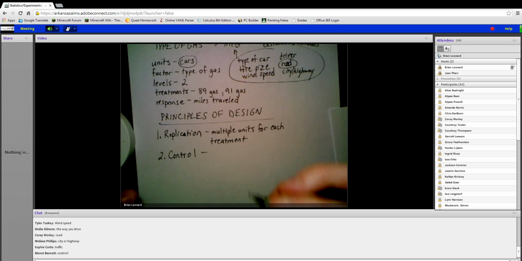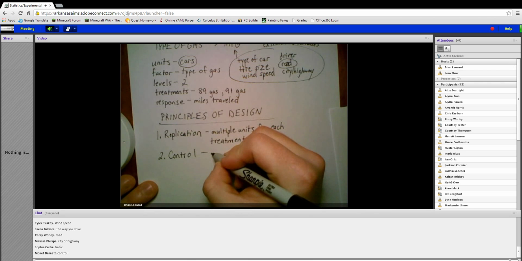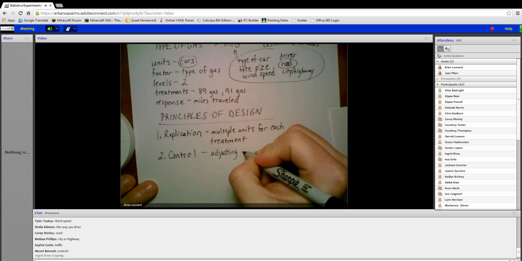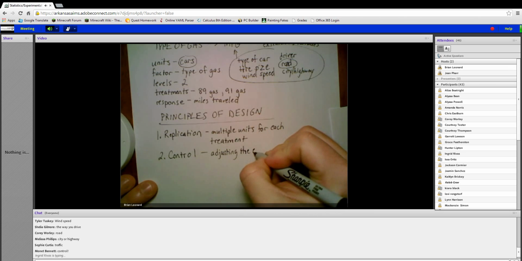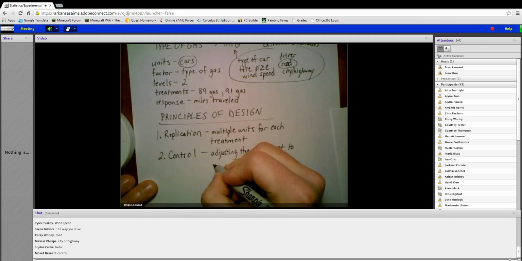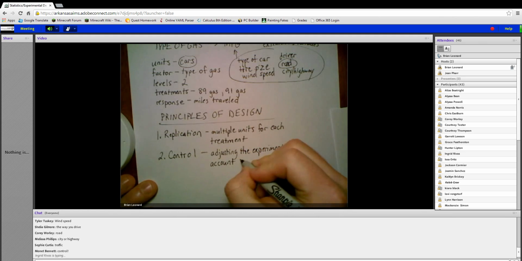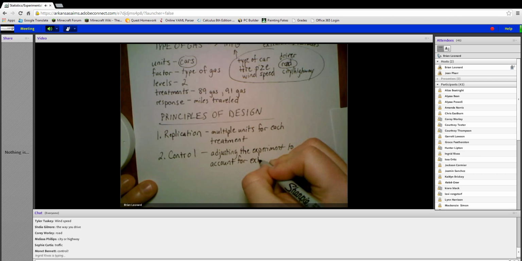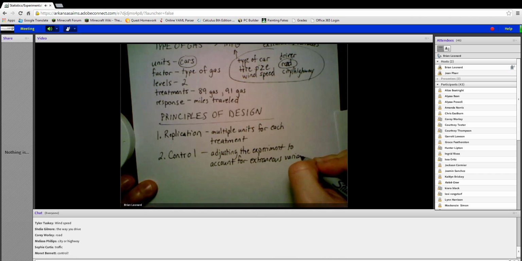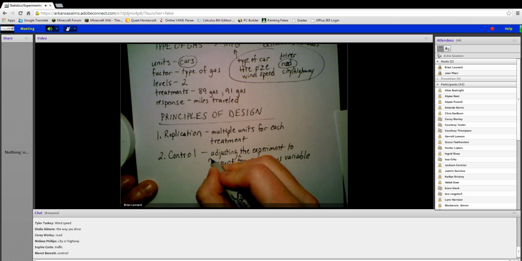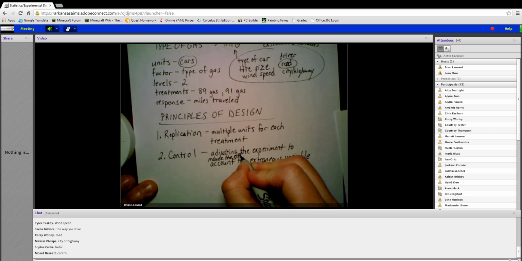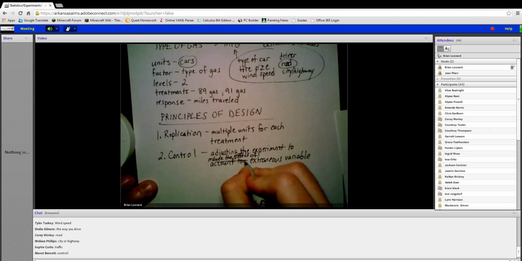Okay? Control is adjusting the experiment to account for extraneous variables. And I almost don't like that I say account. I should say to reduce the effect of extraneous variables.